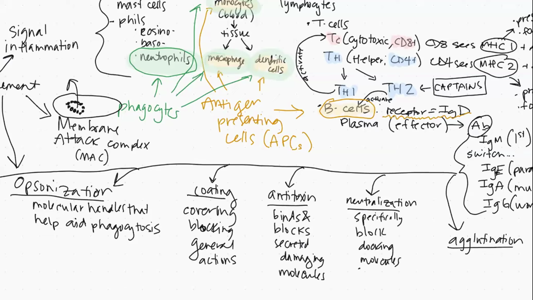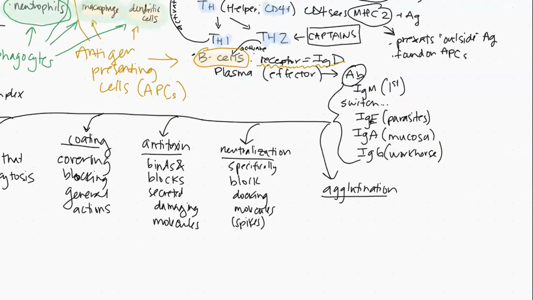And then agglutination, scrolling back down here a little bit to the right, the agglutination would be causing the bad guys to stick together and then inhibiting their function by doing that.